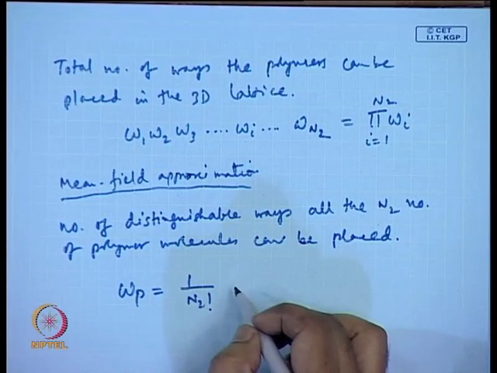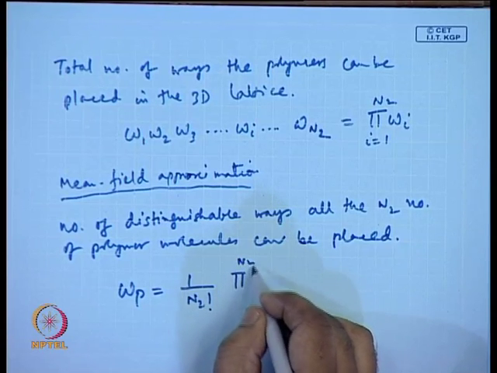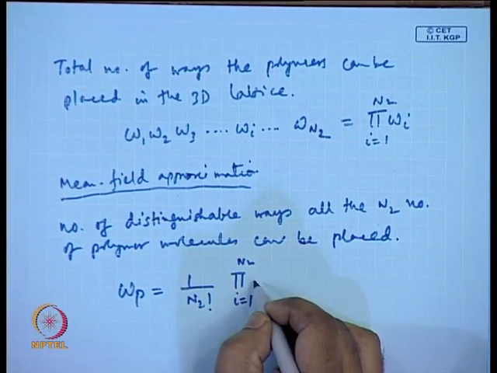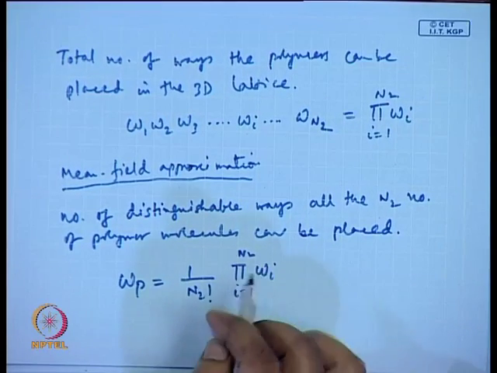So, you have to divide by N2 factorial, the total number of arrangements. These are the total number of distinguishable arrangements.